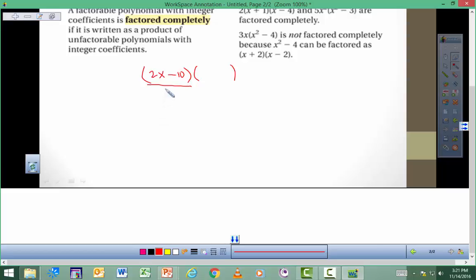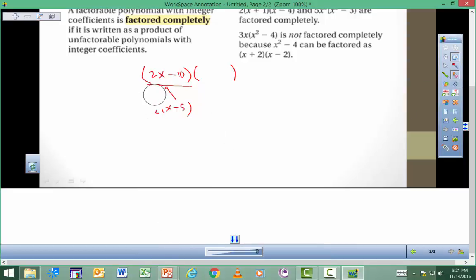What we mean is that we could still write this as like 2 times x minus 5. You see? So that's what's sort of meant by factoring completely. If you have a factor among your factors that can be factored further, then you're expected to do so. And so this example above, hopefully you understand what I did there.